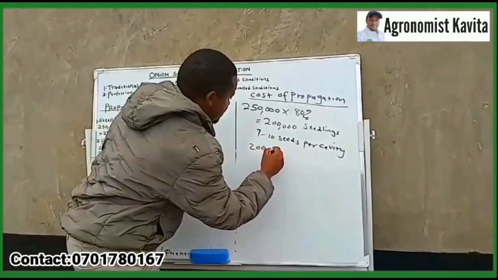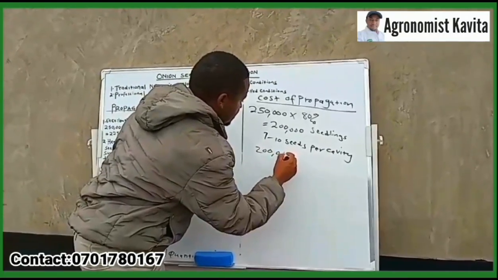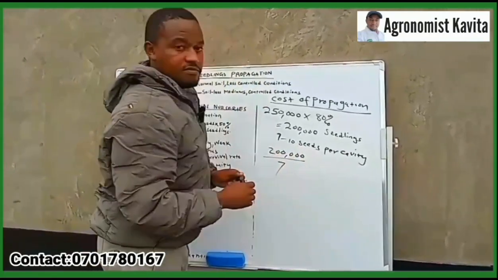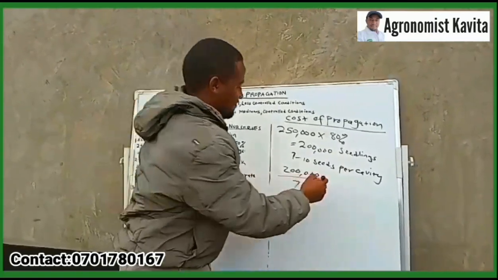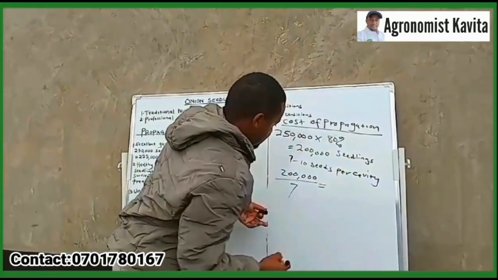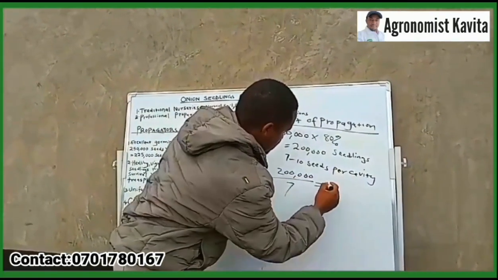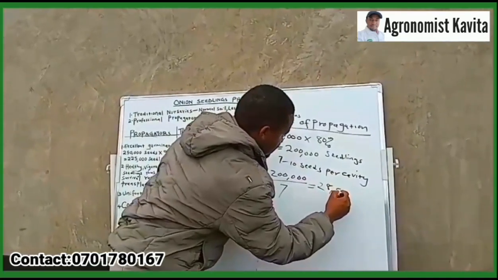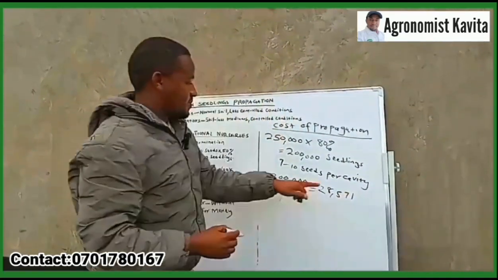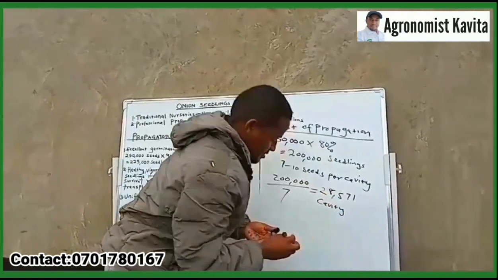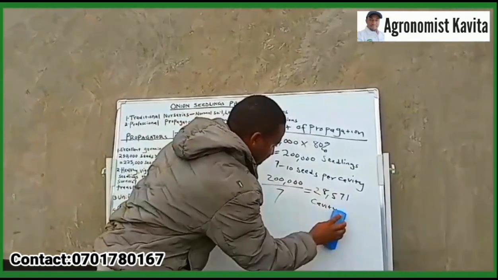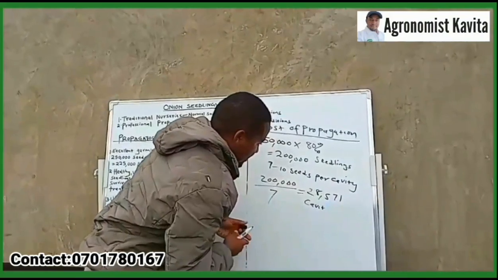So what they will do is divide your 200,000 seeds by 7. They will place 7 seeds on each cavity. This is likely to give you 28,571 cavities, because they charge you per cavity or per plug.